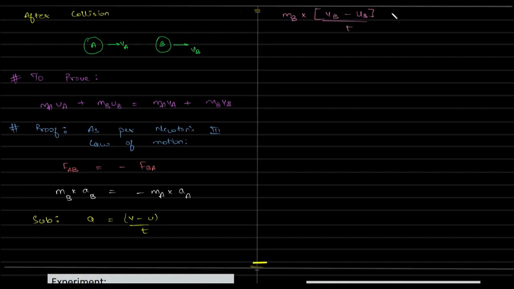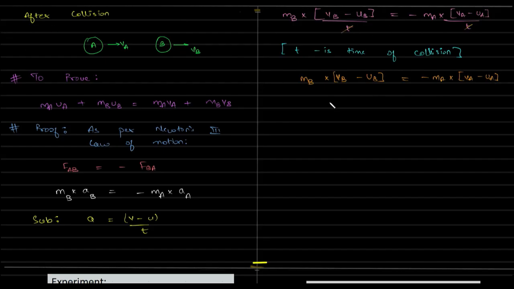It will be just a fraction of a second, but T is time. The time of collision would be the same for both, is it not? So both the T's will get cancelled. Basically we have MB into VB minus UB is equal to minus MA into VA minus UA, right? So time and time got cancelled.